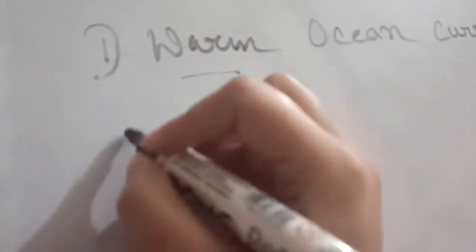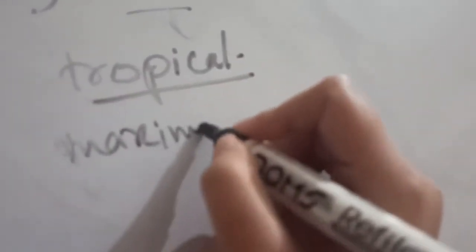So these warm ocean currents generally originate in the tropical region. Why the tropical region? Because over there, the tropical region gets the maximum, the maximum time they get the vertical rays of the sun. That's why the climatic nature of this region is warm, and from there the warm ocean currents originate, and then they flow towards the polar regions.